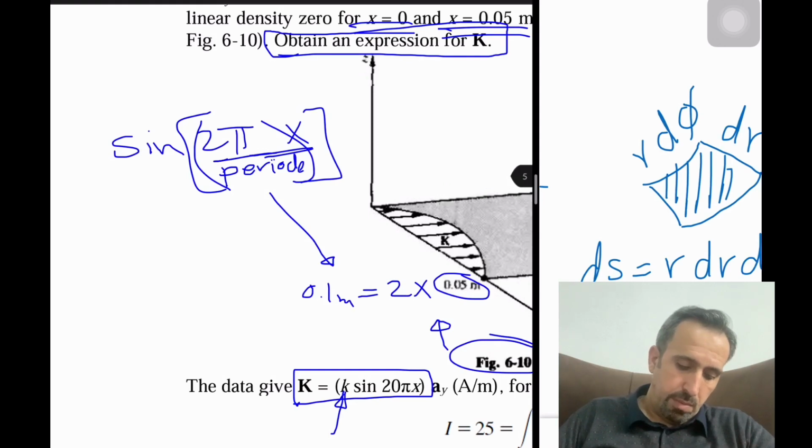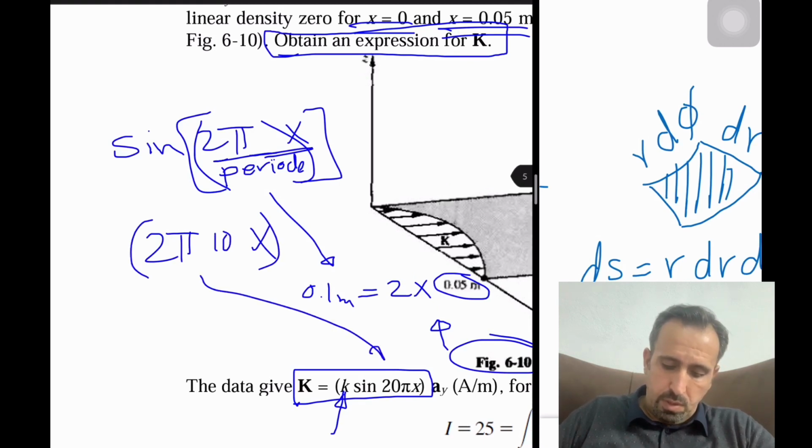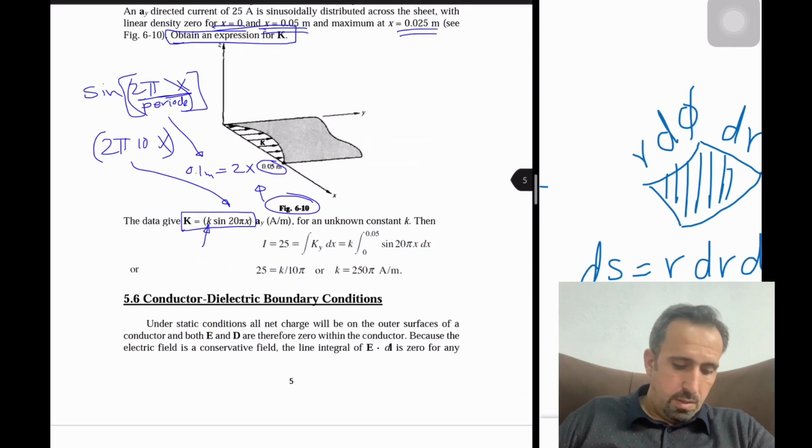So you think about 0.1 meter to be 1 over 10 as the denominator. For that reason, 10 will go up: 2 pi multiplied by 10 by x, and this will give you 20 pi x.